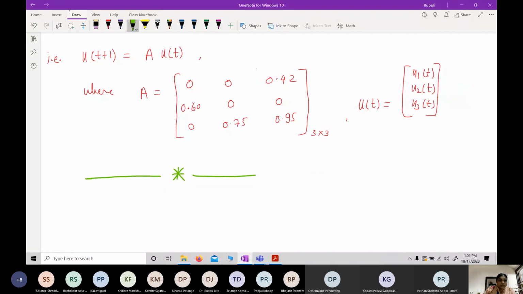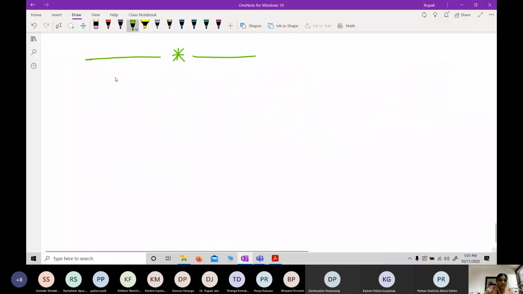So let's revise some concepts of linear algebra. Does everybody know eigenvalue, eigenvector? So what is eigenvalue?